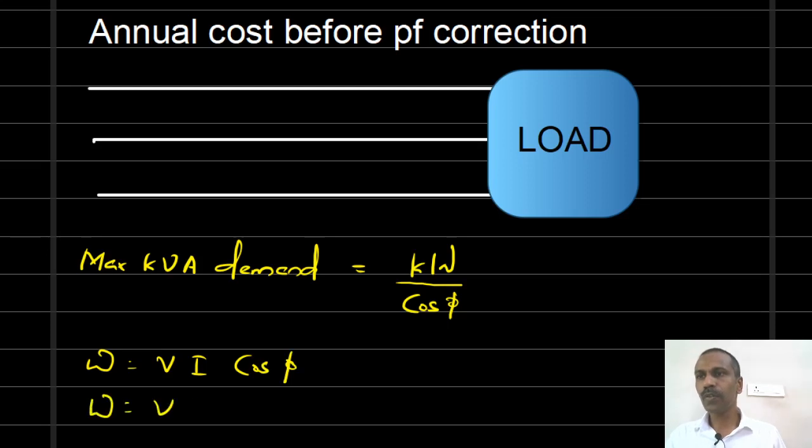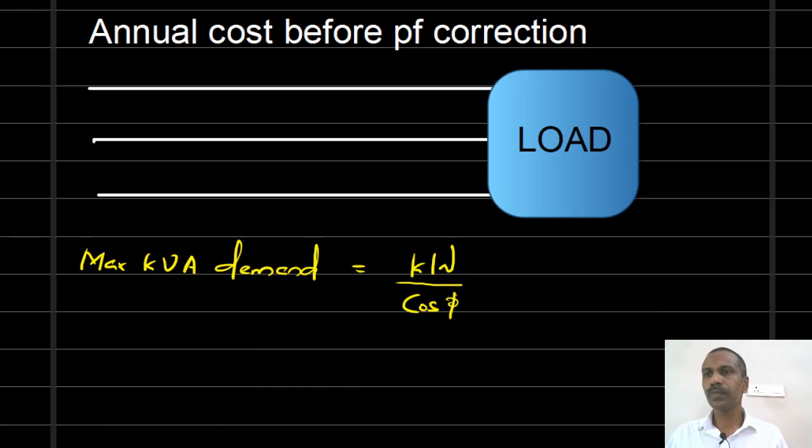Watts is equal to volt amperes into cos phi, or kilowatts is equal to kilovolt amperes into cos phi. So kVA is equal to kW divided by cos phi. This is equal to the rating of the load, 800 kW, divided by power factor 0.8, that is, kVA demand is 1000.